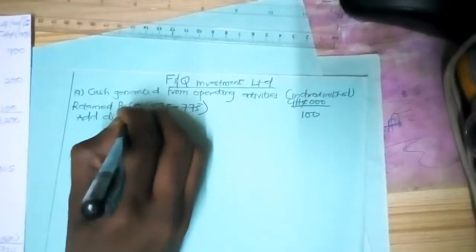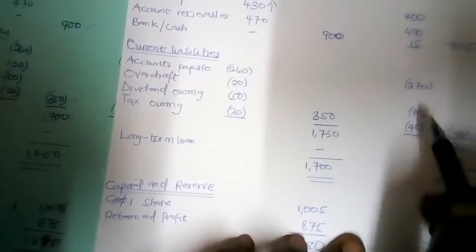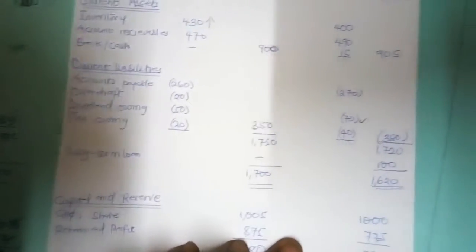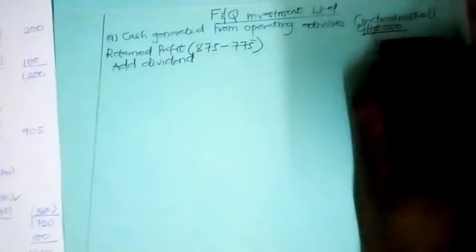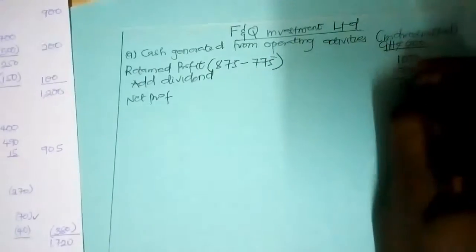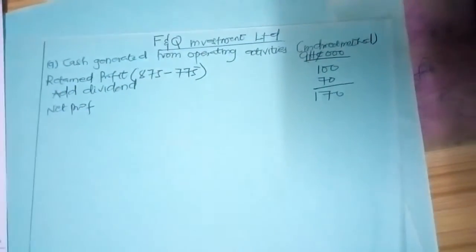The next item we are going to look at is we add dividend. And please note here that for the dividend, we use the previous year dividend, which is 70. And we add that to give us our net profit of 170.